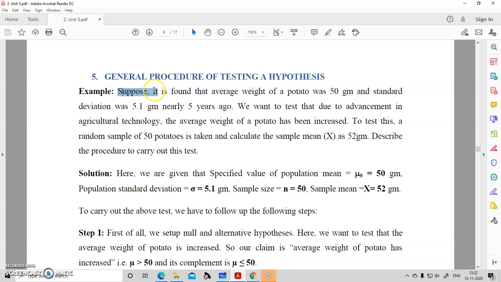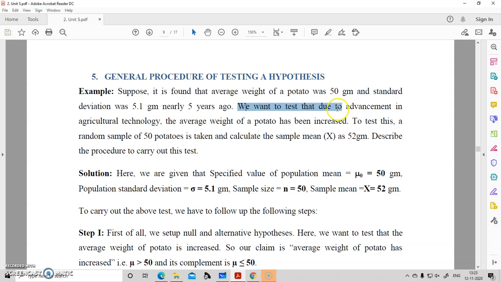Suppose it is found that the average weight of potato was 50 grams, with a standard deviation of 5.1 grams, nearly 5 years ago. What is given here is an average weight of potato of 50 grams and a standard deviation of 5.1 grams, found 5 years before.